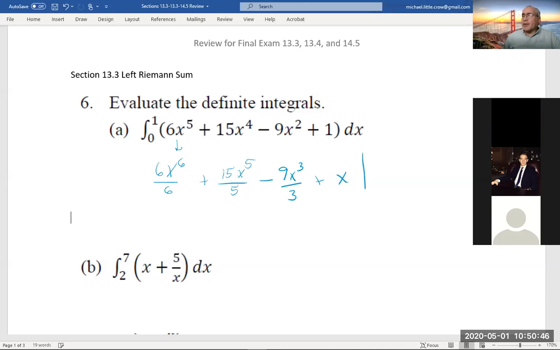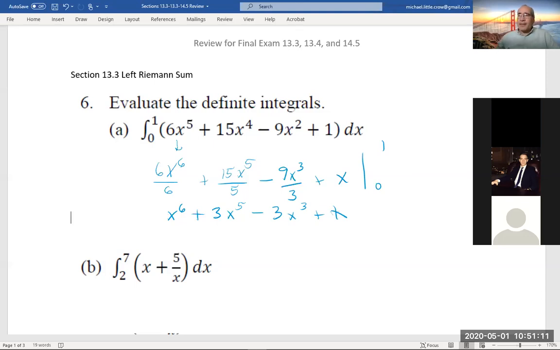And then what we're going to do is go from 0 to 1. We can see this will simplify down: the 6 divided by 6, so we get x to the 6. 15 divided by 5 is 3. 9 divided by 3 is 3, plus x.